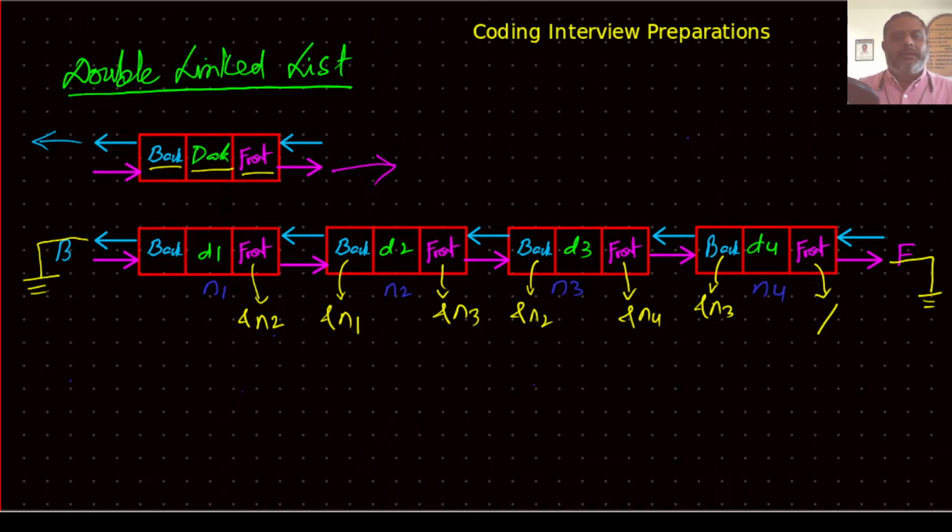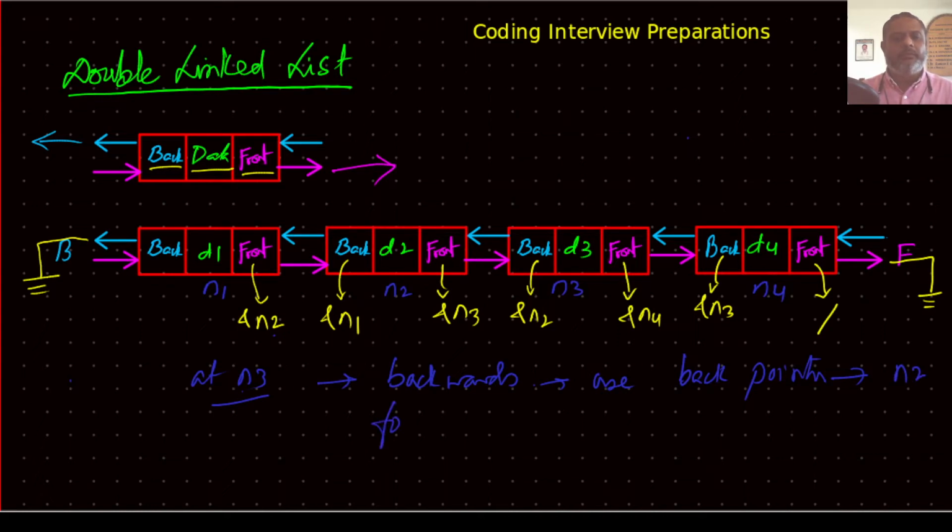Whenever we are at any given node, say node N3, if you want to go backwards, then use the back pointer, and that gets us from N3 to node N2.